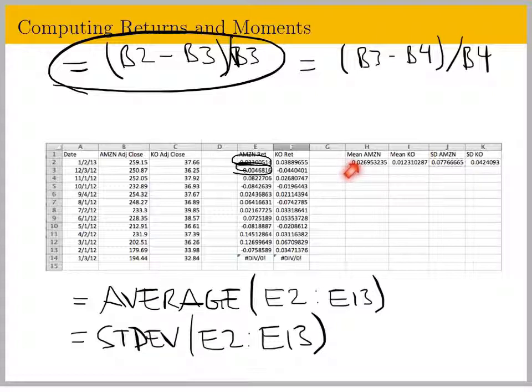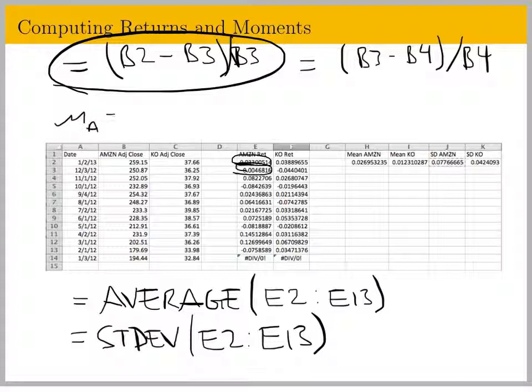Amazon has a mean return over 2012, a monthly return on average of about 2.7%, and a standard deviation of about 7.8%. Coke, on the other hand, has a mean return of about 1.2% per month and a standard deviation of about 4.2%.